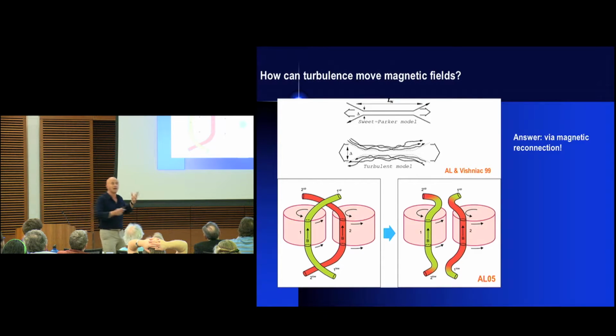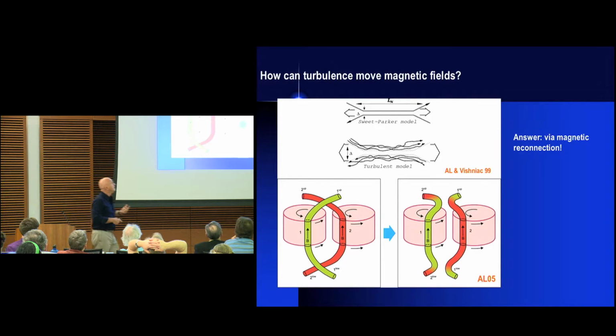Okay, consider these two flux tubes, which are moving together with the adjacent eddies. As we move these flux tubes with the eddies, they intersect and they reconnect. And this is the process that Ethan Vishniac and I some time ago suggested.